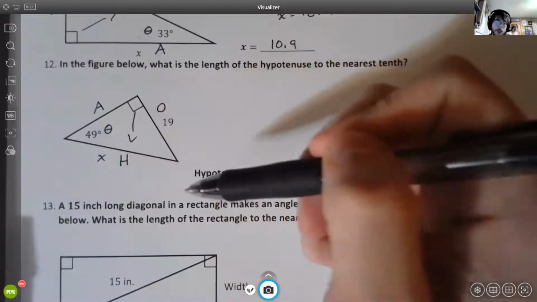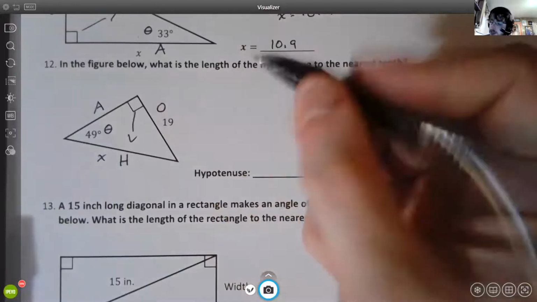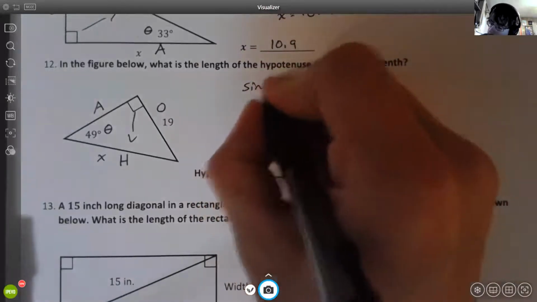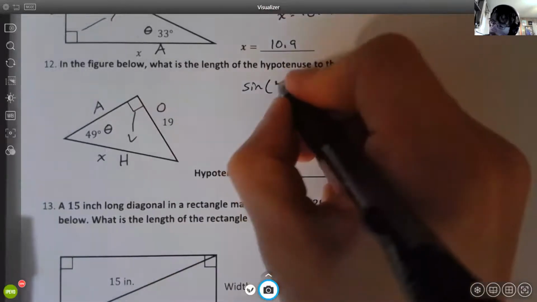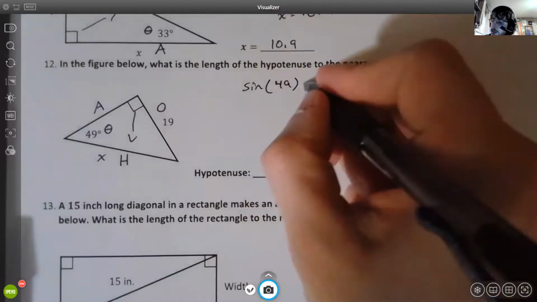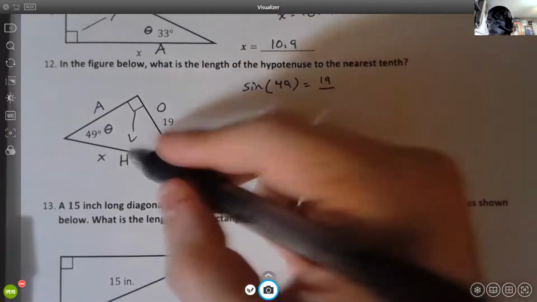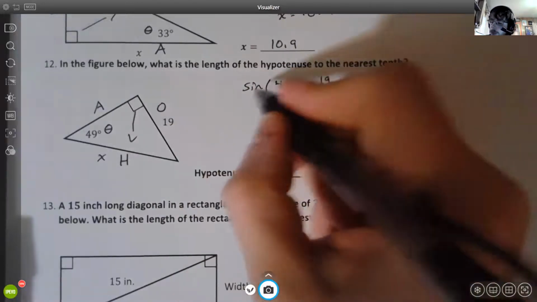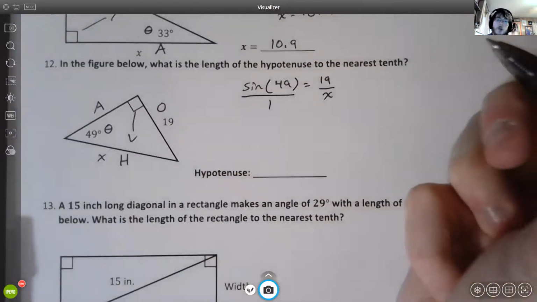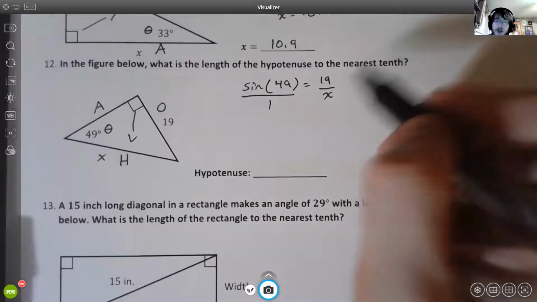So we need to use the trig ratio that deals with O and H. That's sine. So sine of theta, which is 49, is equal to the opposite side, which is 19, over the hypotenuse, which is X.